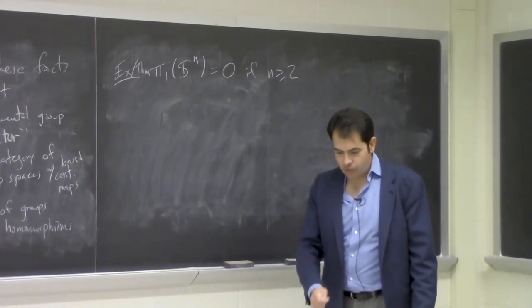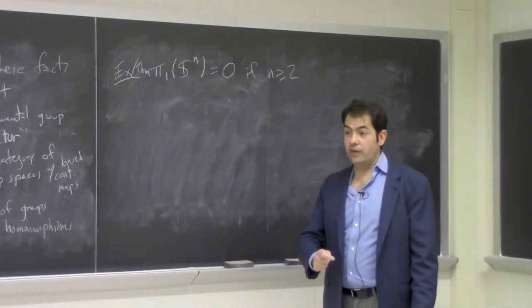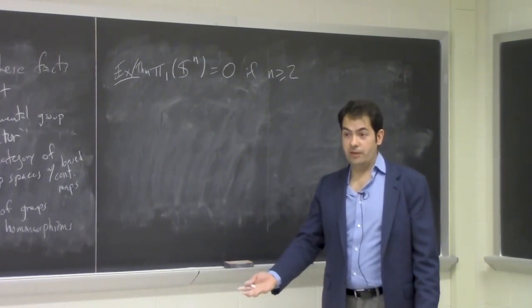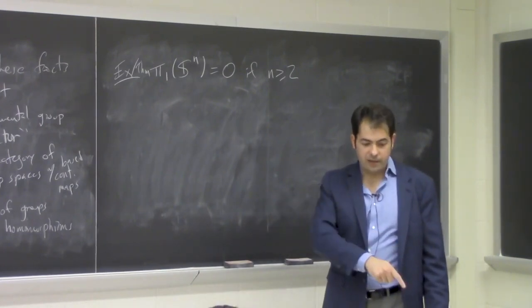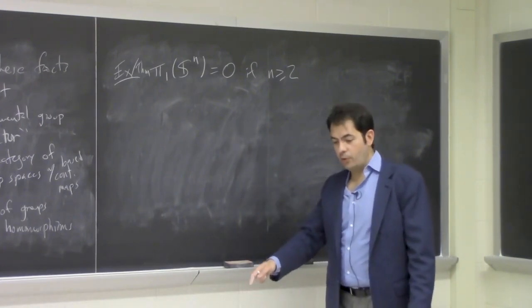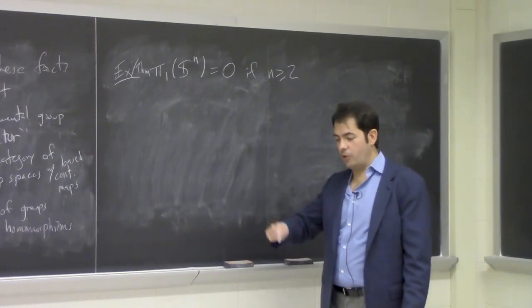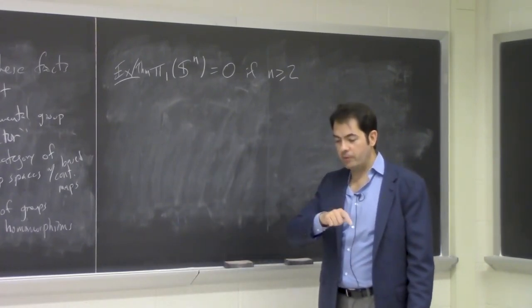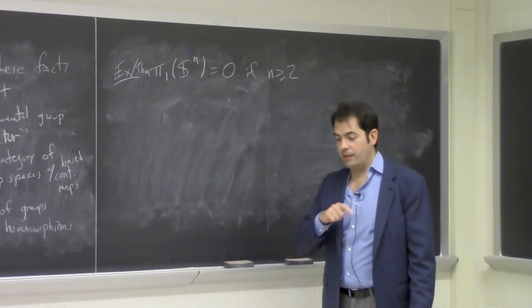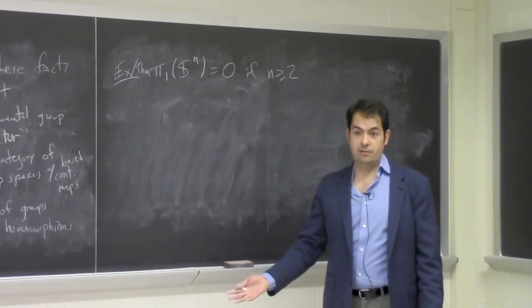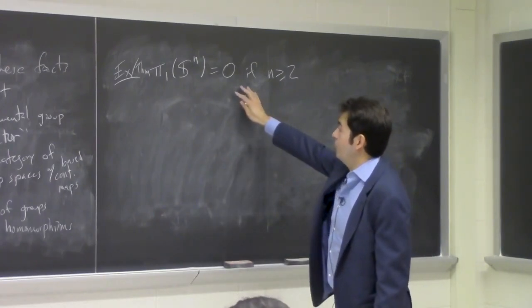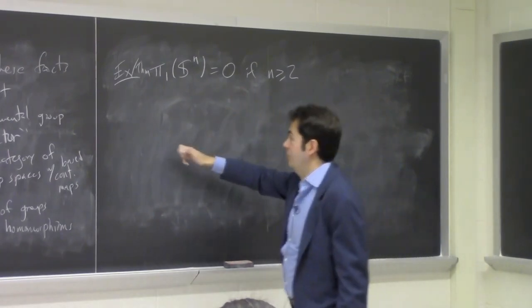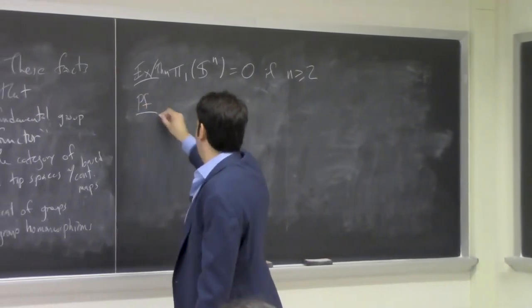And continuous maps include space-filling curves, right? So you can take a map from Rn to Rm with n strictly smaller than m, and you can cook up a continuous surjective function, right? So that's messed up. And so you have to worry about that here. So let's worry about that.